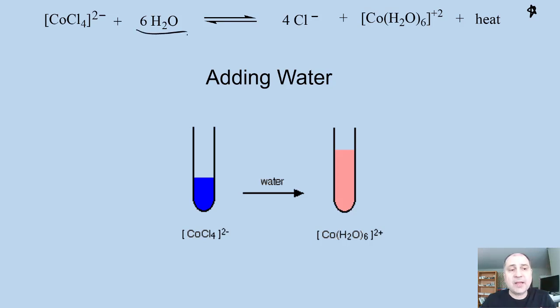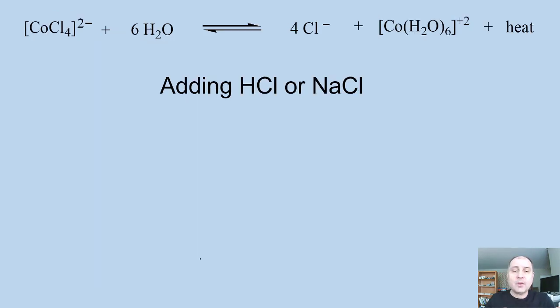Water is a reactant, therefore it will shift to the right and make the solution more pink. You are going to see an increase in the pink species and a decrease in the blue species. That doesn't mean the blue species is gone completely. We still have some, we just can't see it because the concentration of the hexa-aqua species is higher.